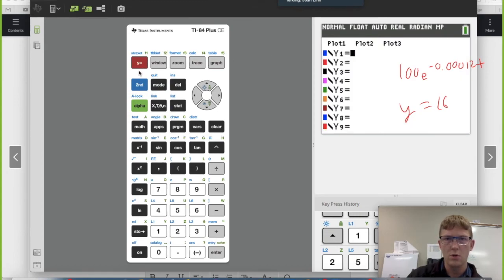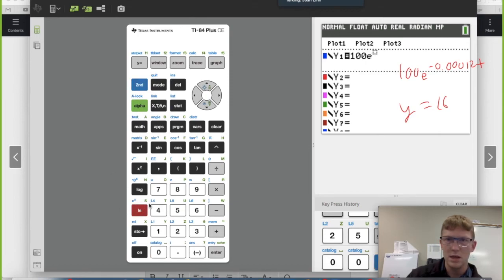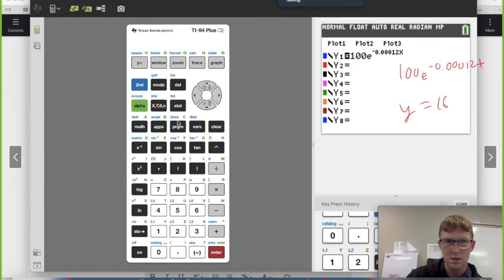We're going to go to our y equals. We're going to put in our first one, 100 times e to the power of negative 0.00012x, and then y equals 16.